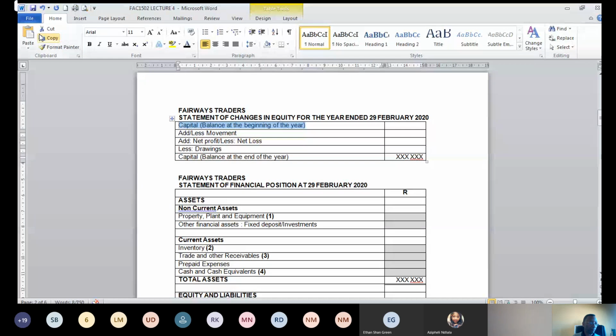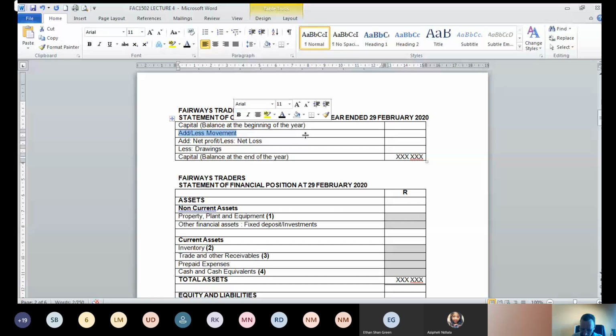Then we want to know whether there has been any movements. Movements will refer to any increases or decreases to the capital at the beginning of the year.